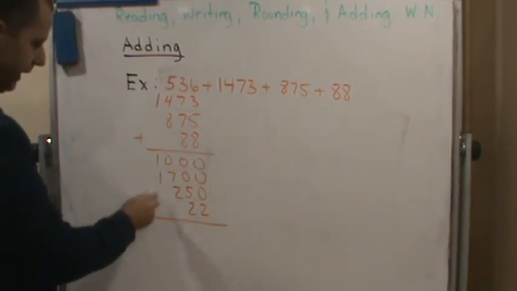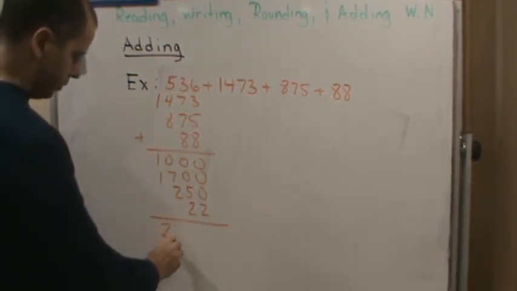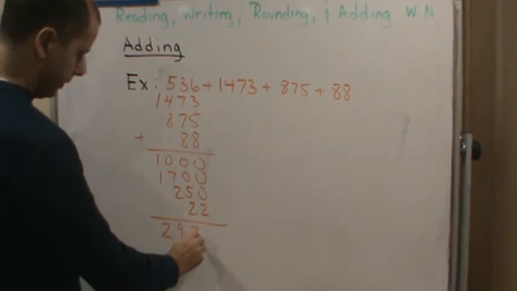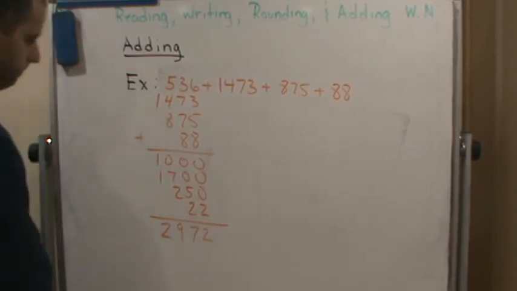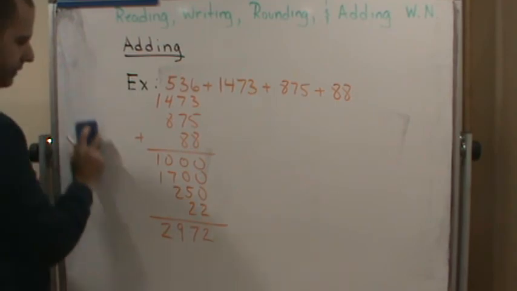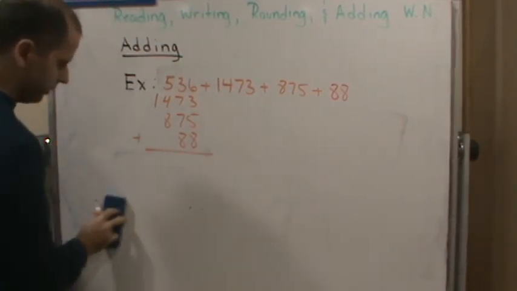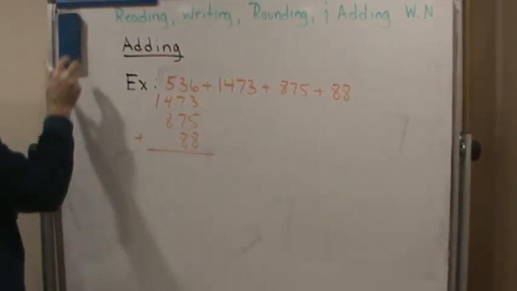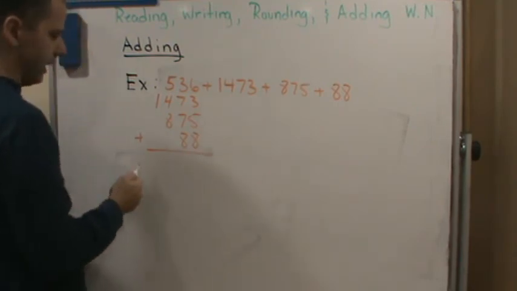And then again, if I add, I get 2,972. And that's my final answer, adding left to right. But again, you can do it right to left and just make sure you carry the 1 or carry the numbers, do your carrying.